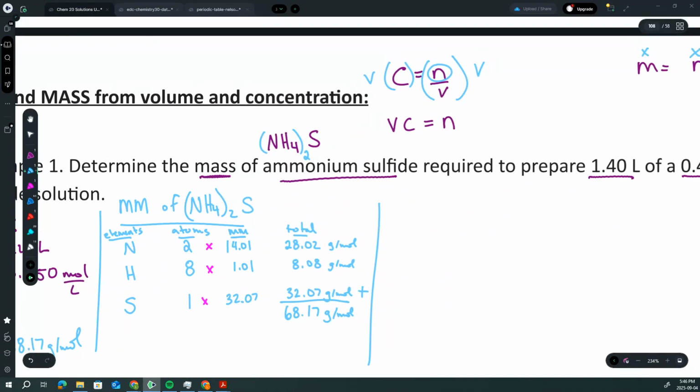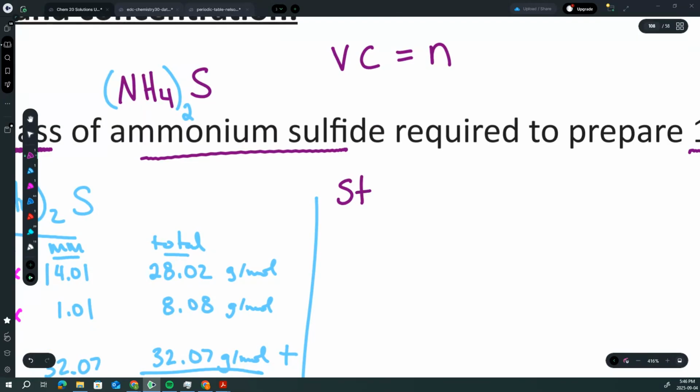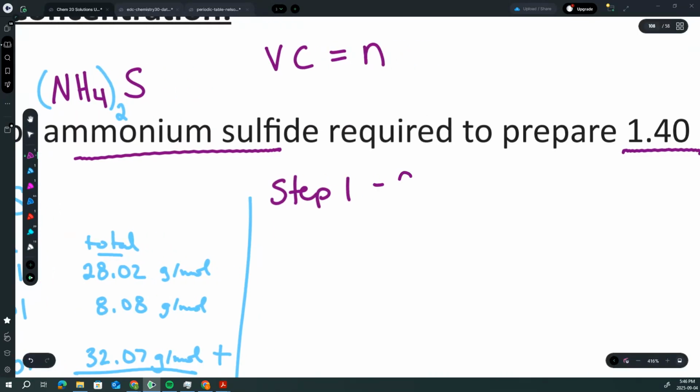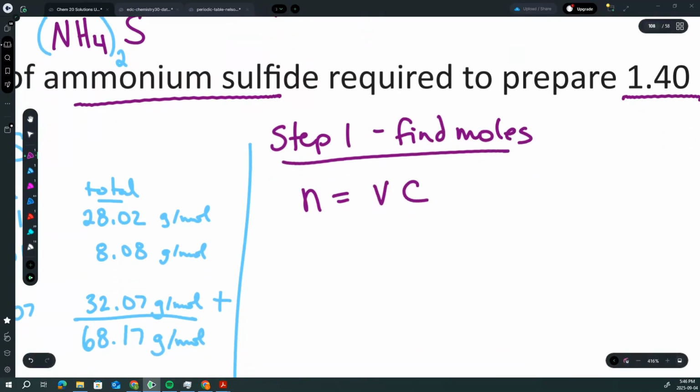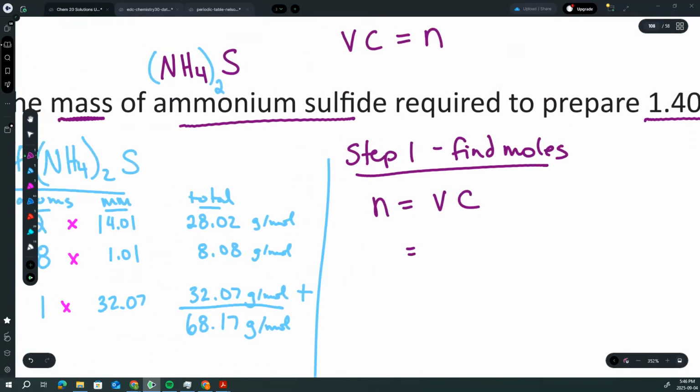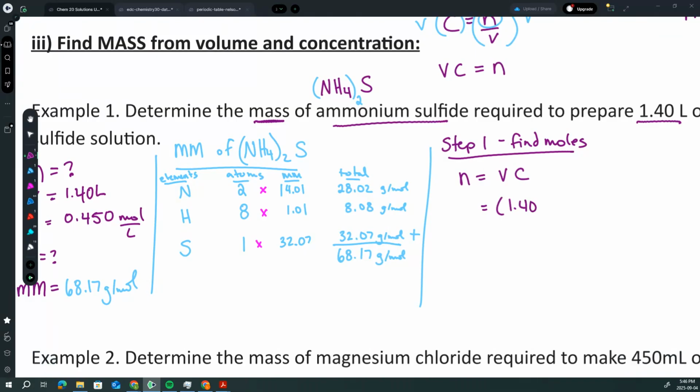Okay, so step 1 is going to be figure out how many moles we have. So we're going to be using moles is equal to volume times concentration. So for our volume, we put 1.40 liters, and our concentration was 0.450 moles per liter.